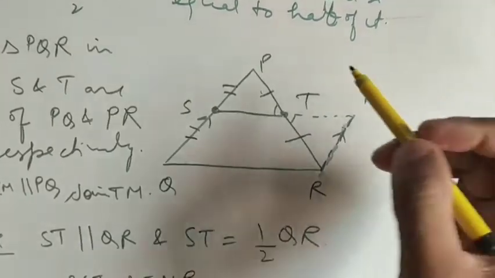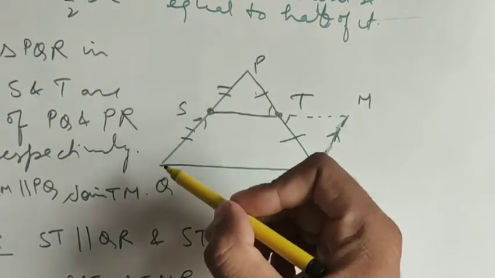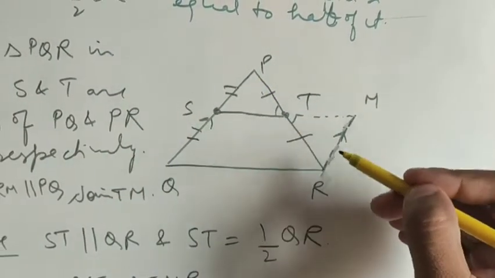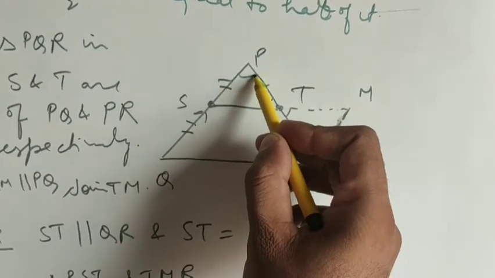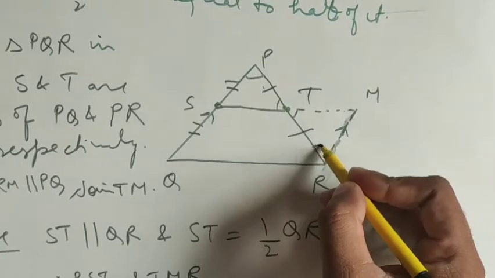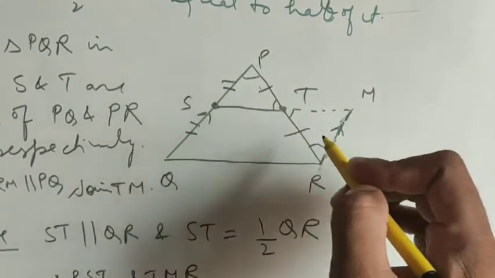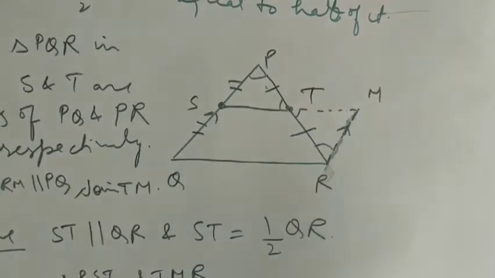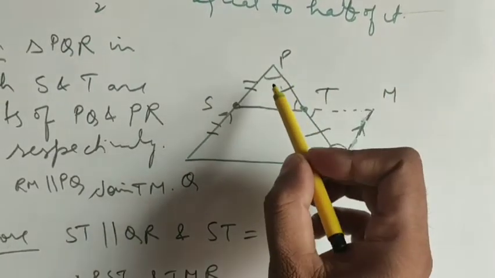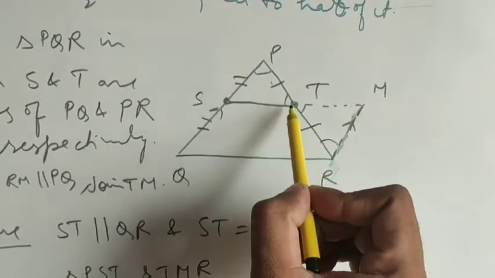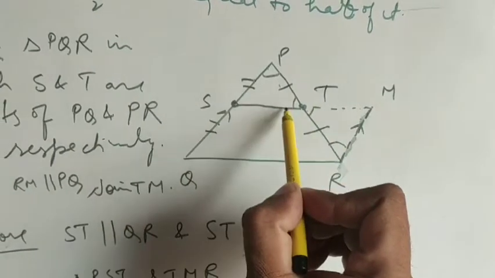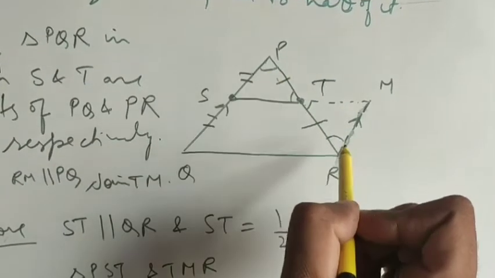Two things we have got. And now what we have done in construction, that PQ is parallel to RM. This is the construction. So this angle P and this angle R must be equal because these are alternate angles. Then we have three things now: PT equal to TR, these two vertically opposite, and these two alternate angles.